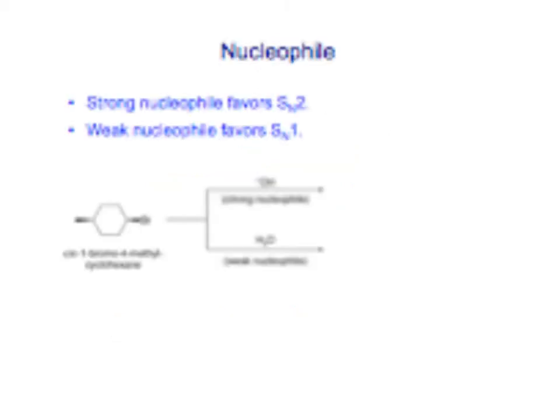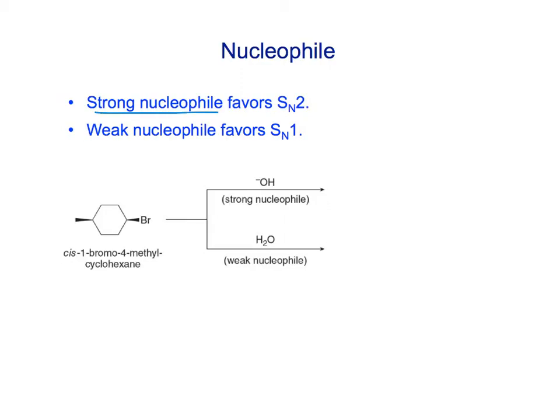The strength of the nucleophile plays a strong effect on the mechanism as well. In general, if we have strong nucleophiles, which tend to be anionic, those are going to favor SN2. If we have weak nucleophiles, and these are usually neutral, this is going to favor SN1.